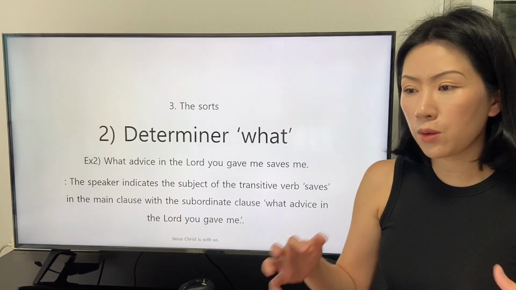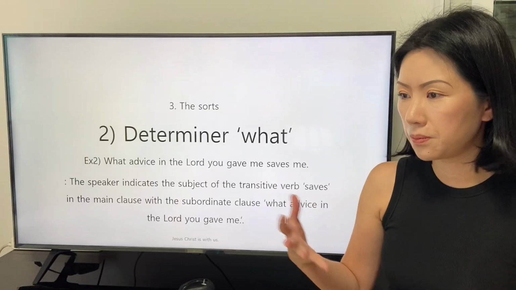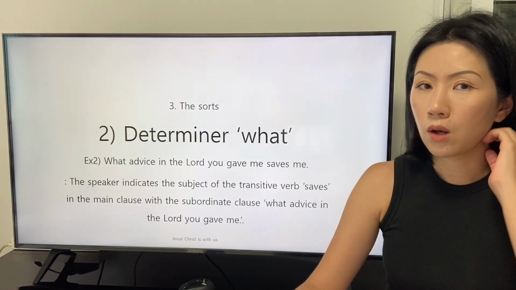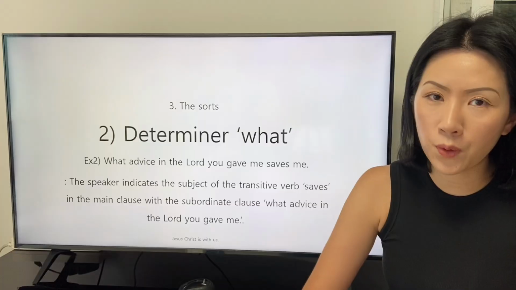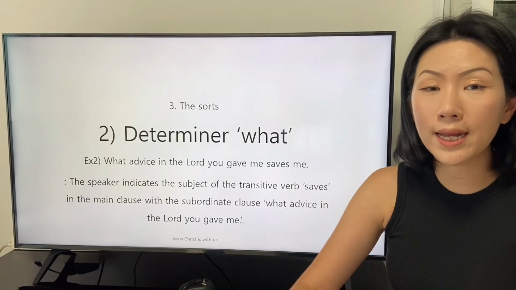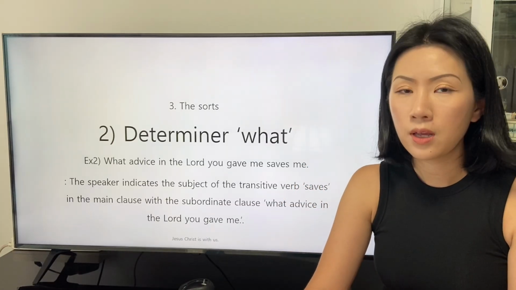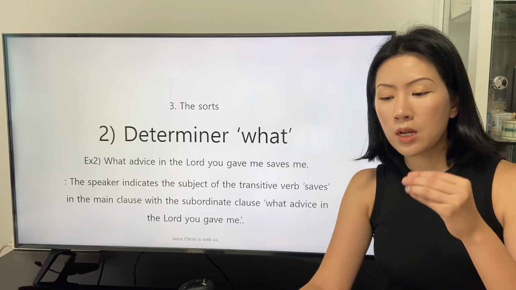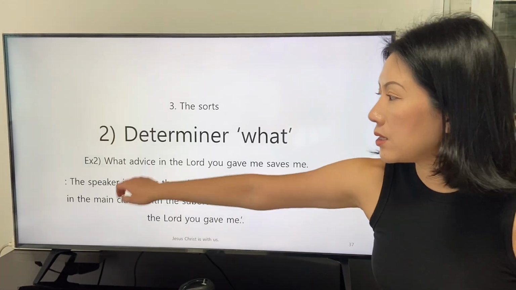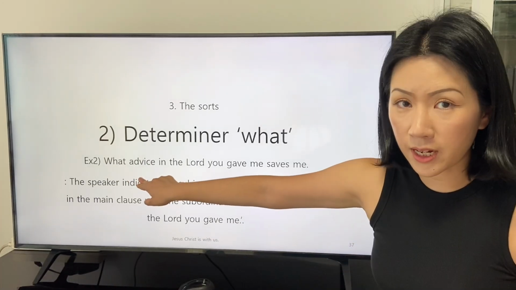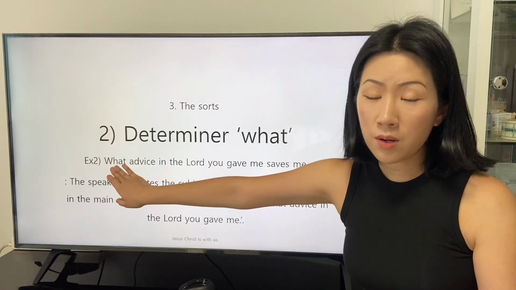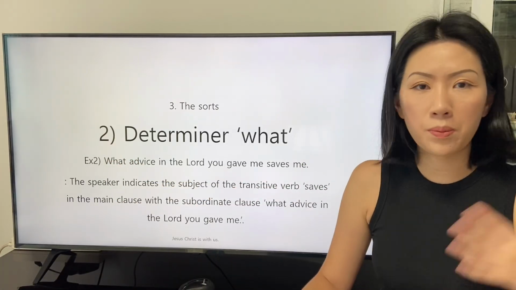So we can review what was the premise for applying the determiner what as an interrogative, and it was about the fact that the object or subject described by the determiner what is not a person.